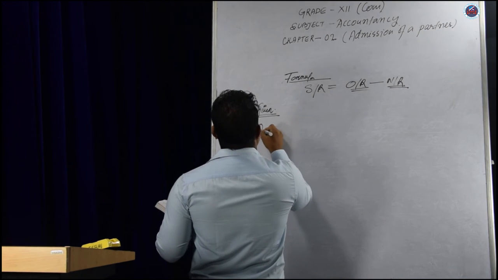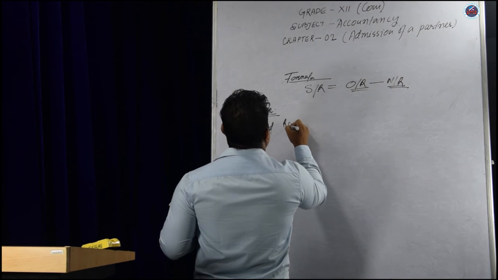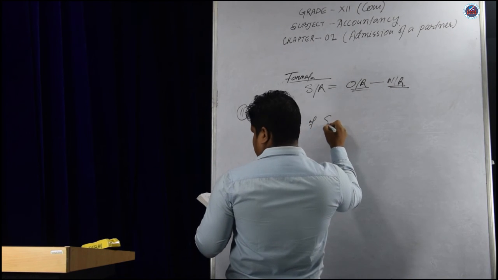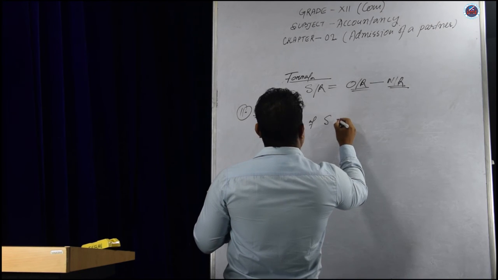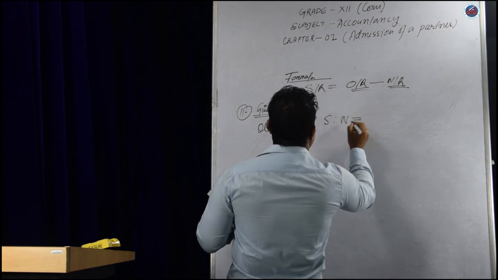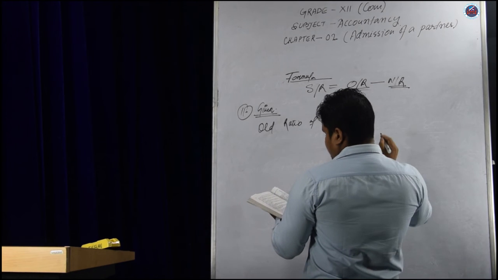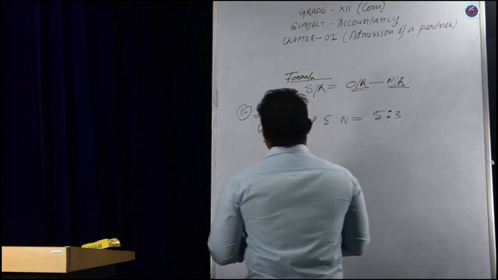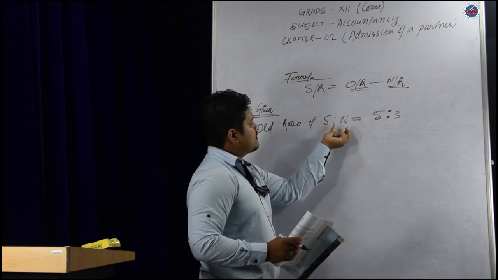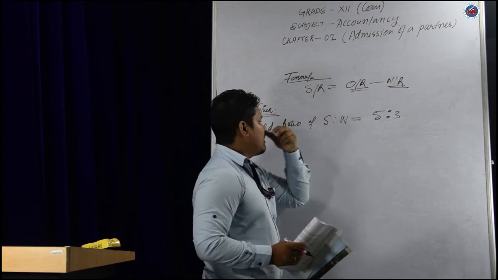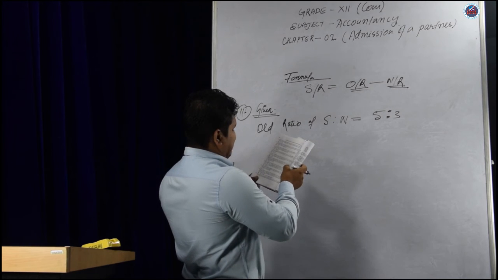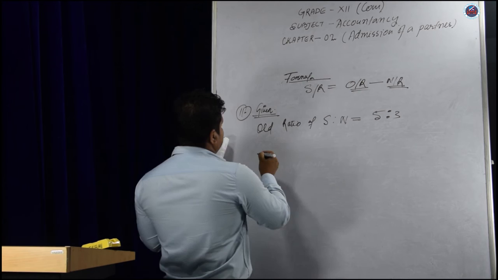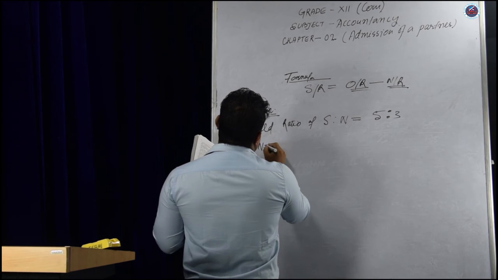Old ratio of Sandeep is to Nandeep is equal to 5:3, given. Who got admitted? C got admitted. They admitted C into the partnership firm. After the admission of C, the new ratio becomes like this.